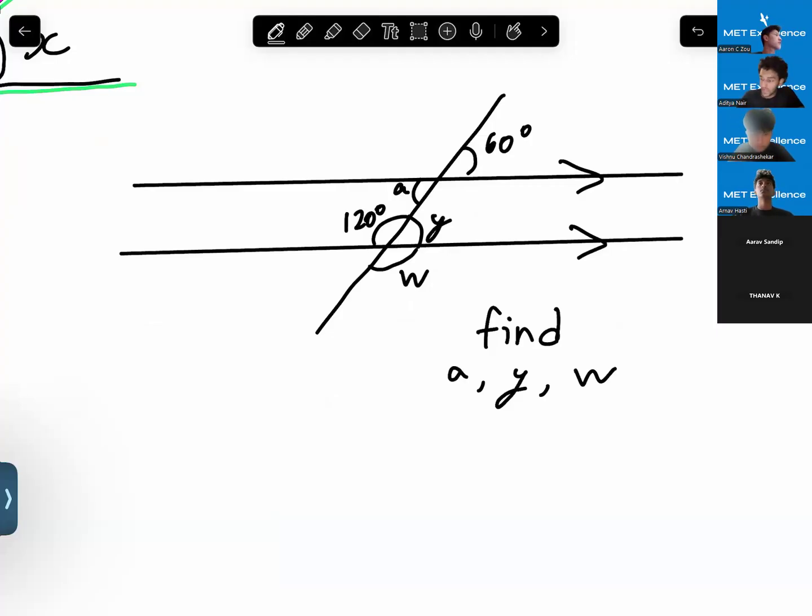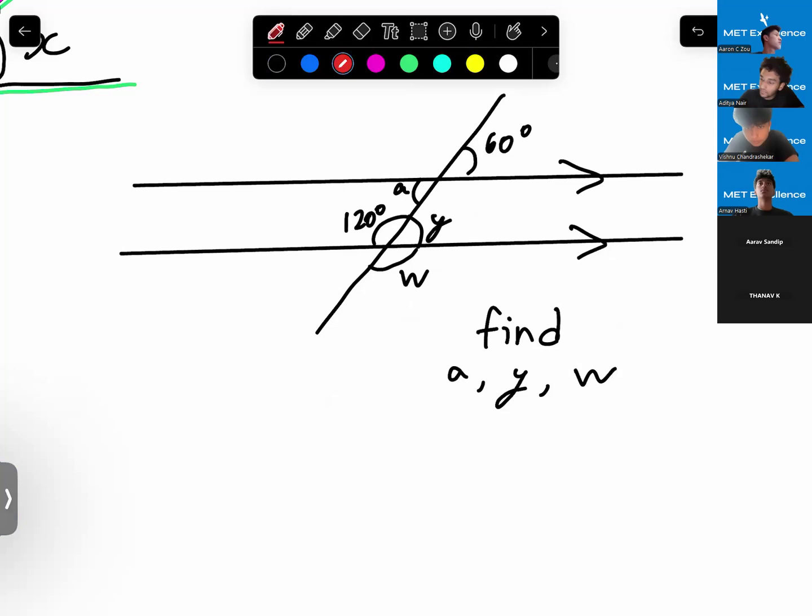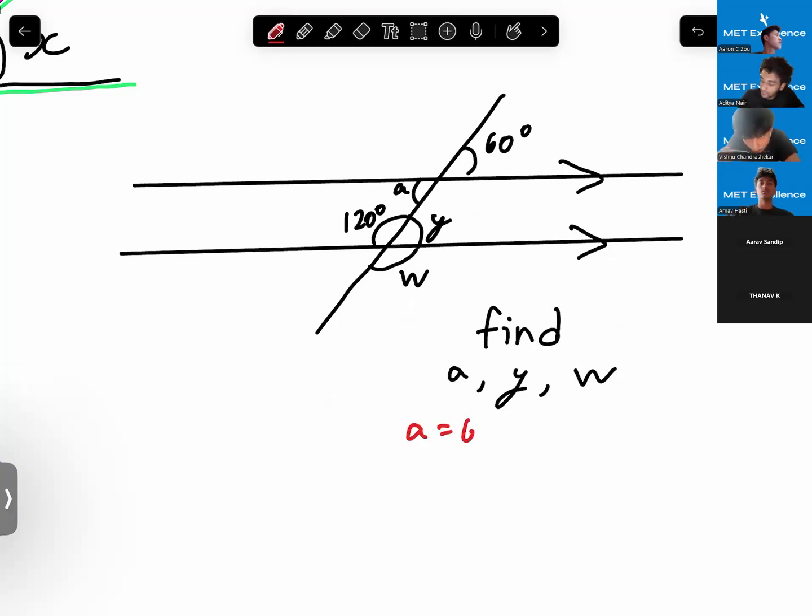Okay, I see A is 60. I see W is 120. And I see Y is 60. Good job. So these are all correct, and I'll explain why.